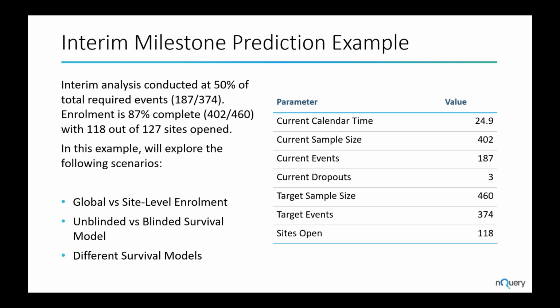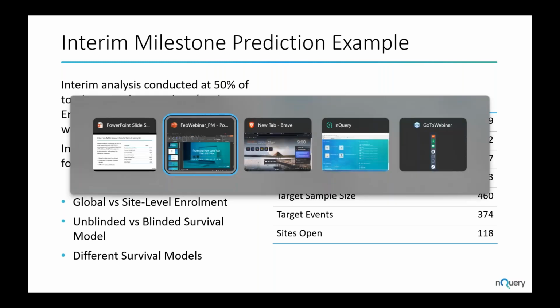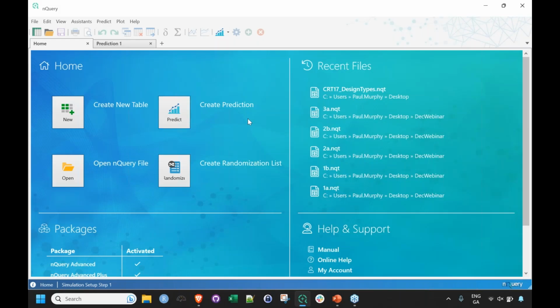Okay, so I'm going to open nQuery, and for anyone not familiar with the software, this is the nQuery home screen. Normally, to open a sample size or power calculation, you'd click Create New Table, but today we're using the Predict feature.